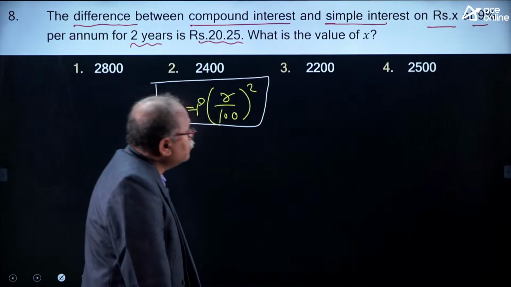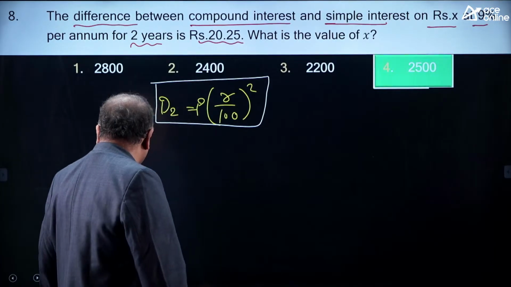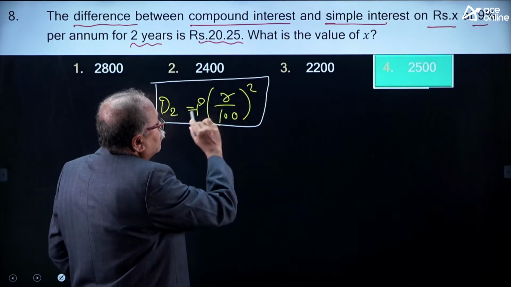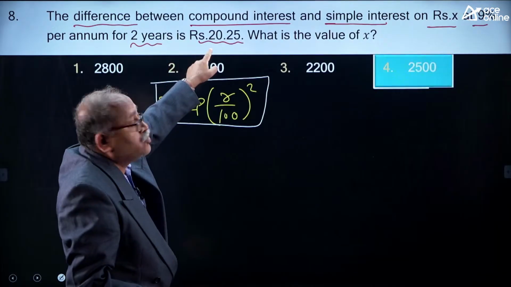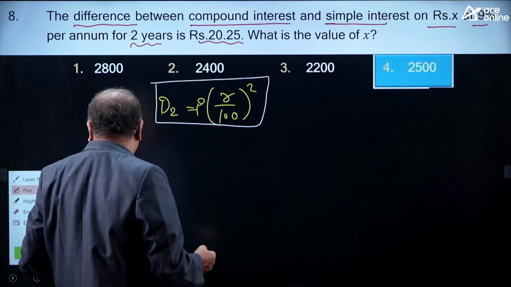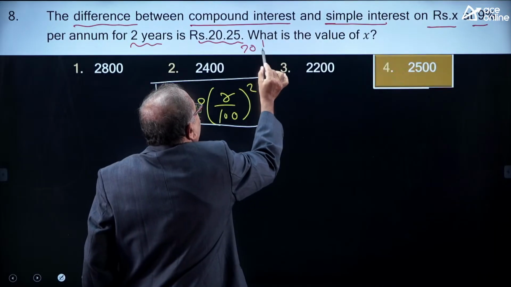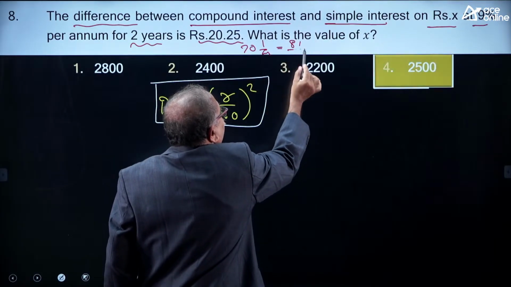Okay. So, we have already noticed that the principal is option 4, 2500. Here the difference is given to us as 21 by 4, which is nothing but 81 by 4.